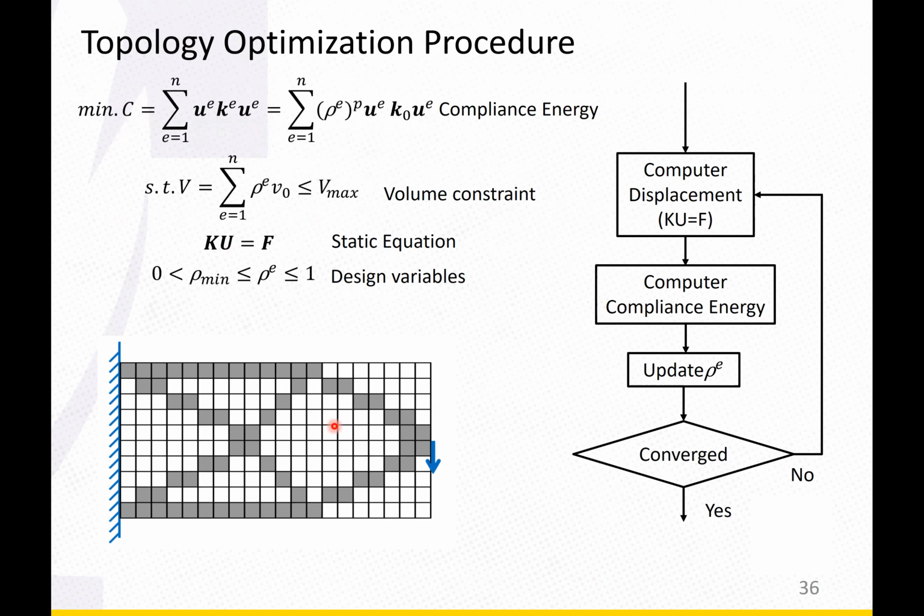So that is the iteration to update rho. And of course, you need to set up some kind of a convergence condition. Usually if this rho does not change much, or the energy is less than a certain value, or the change of energy is so small, it just means it converged, and this iteration could be stopped. So that's the basic routine for topology optimization.